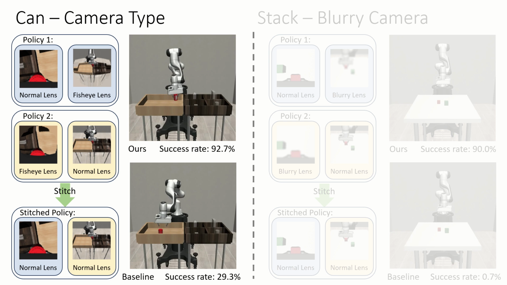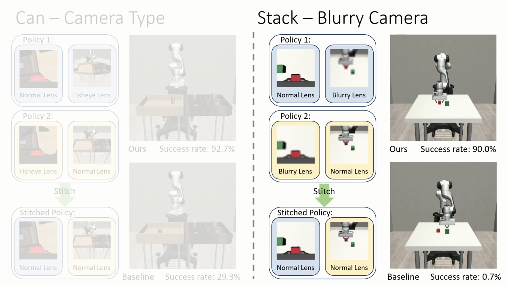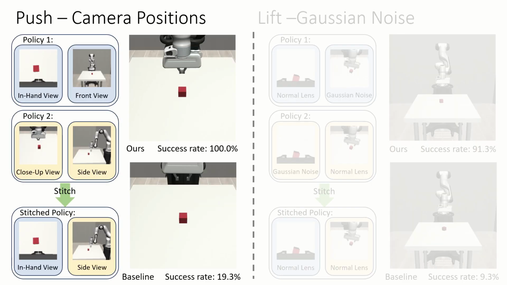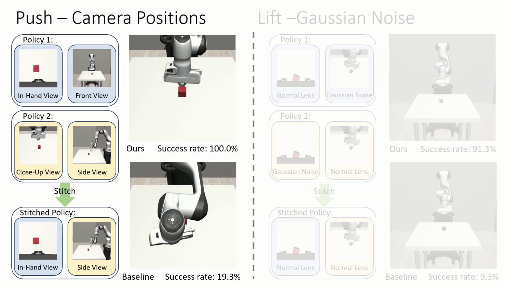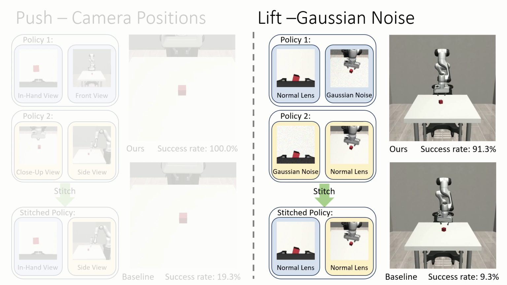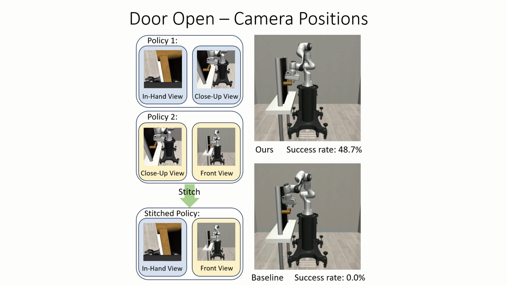We also evaluate our method on 30 simulation experiments. We achieve 92% success rate on the pick and place task, 90% success rate on the cube stacking task, 100% success rate on the pushing task, 91% success rate on the lifting task, and 48% success rate on the door opening task.